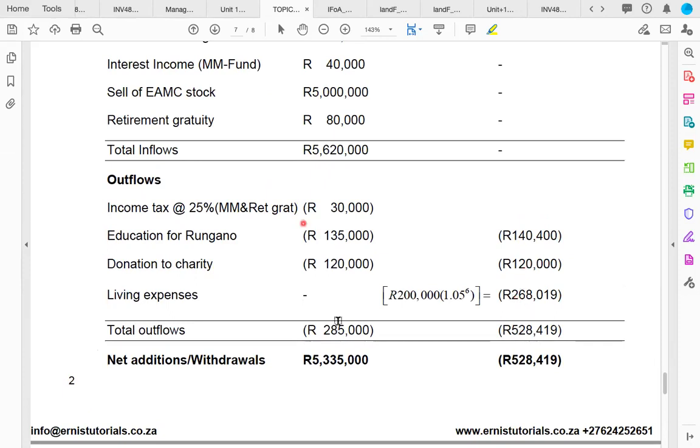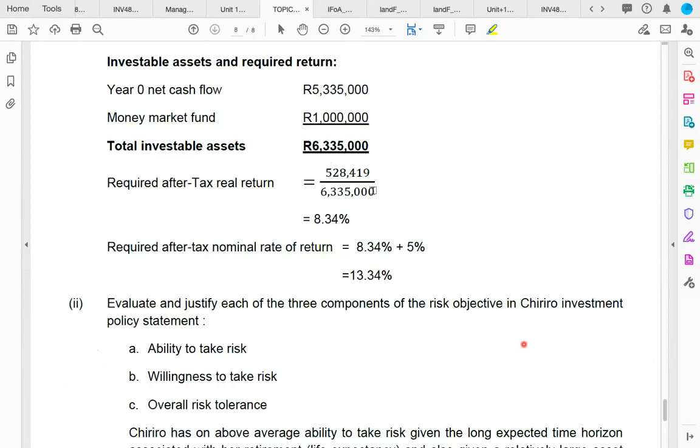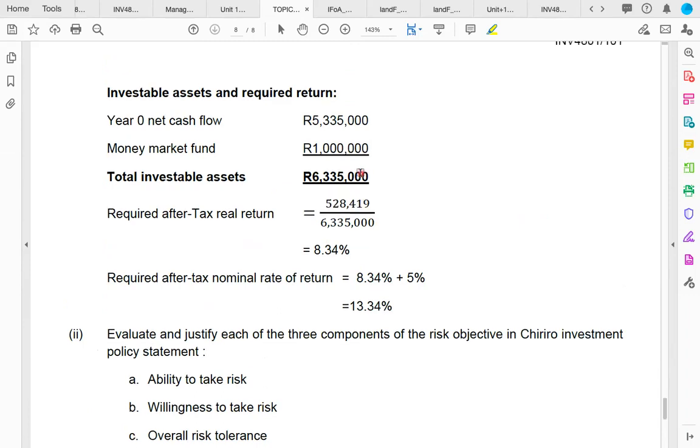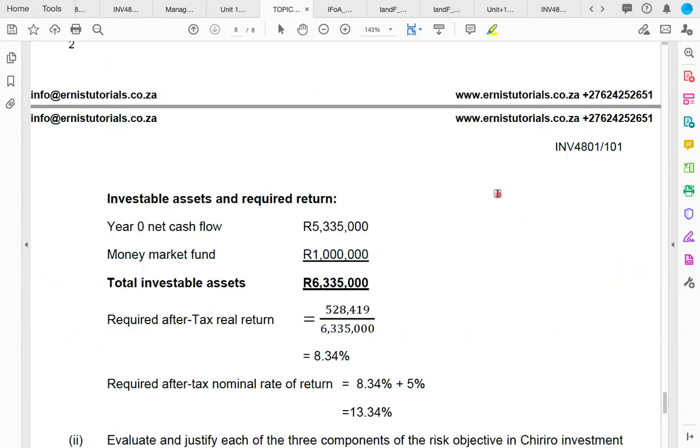This is at the start of the year, and this is over the course of the year up until the end of the year. So we can divide the money that she's going to need up until the end of the year, calculated in this column, divided by the asset base. And then that gives us the required after tax real rate of return.